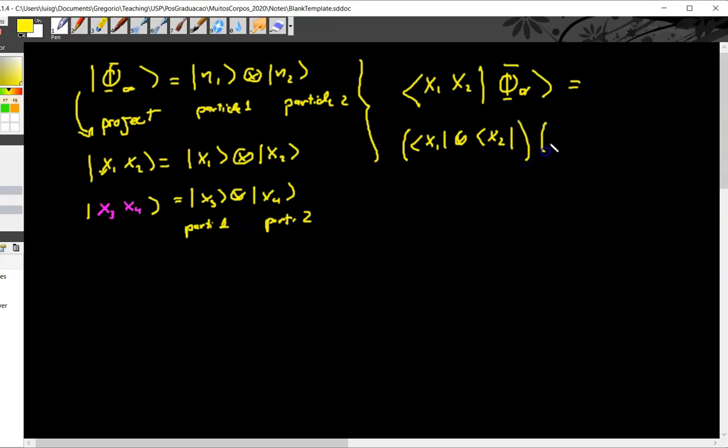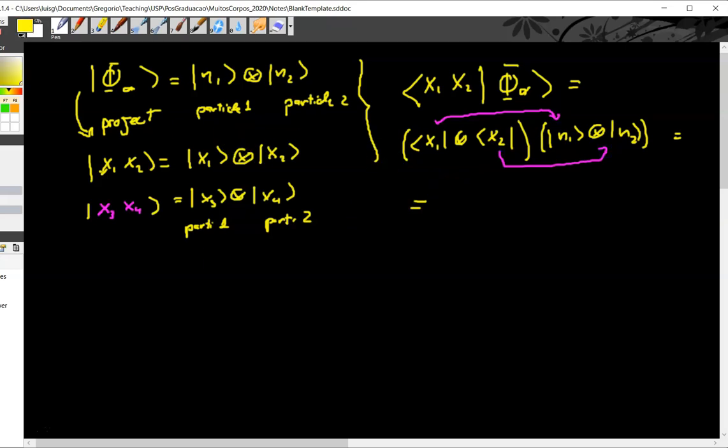Inner products of tensor products. This N1, N2, and then this guy, X on this one, and this one X on that one.